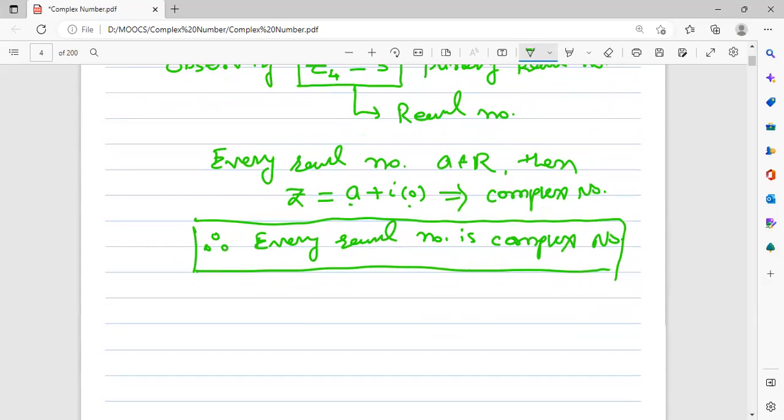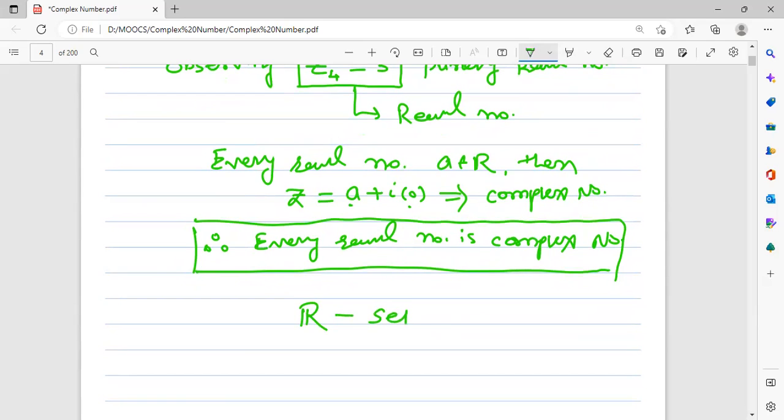Therefore, we can write this in set form. This is the set of real numbers, R, and I will take C as the notation for the set of complex numbers. We know from this conclusion that every real number is a complex number.